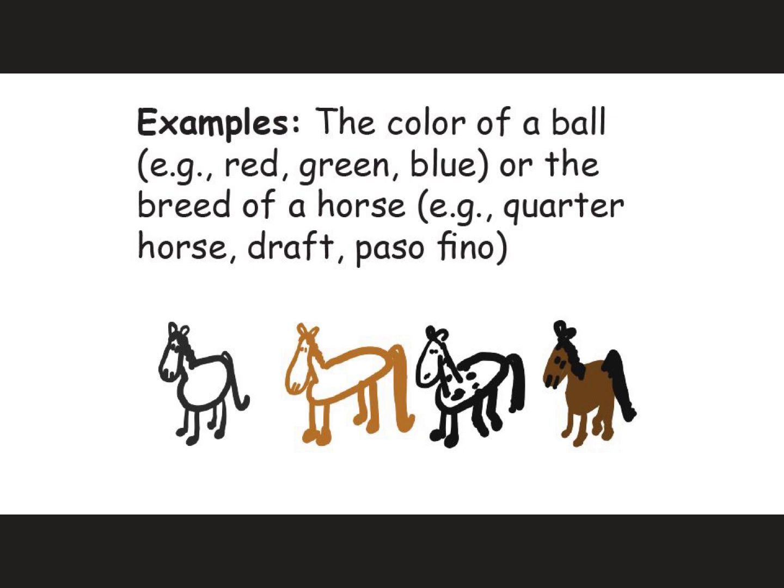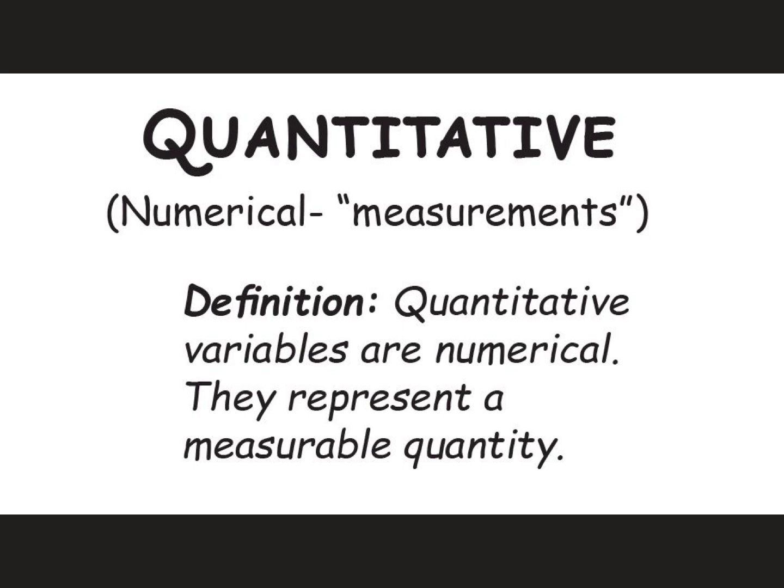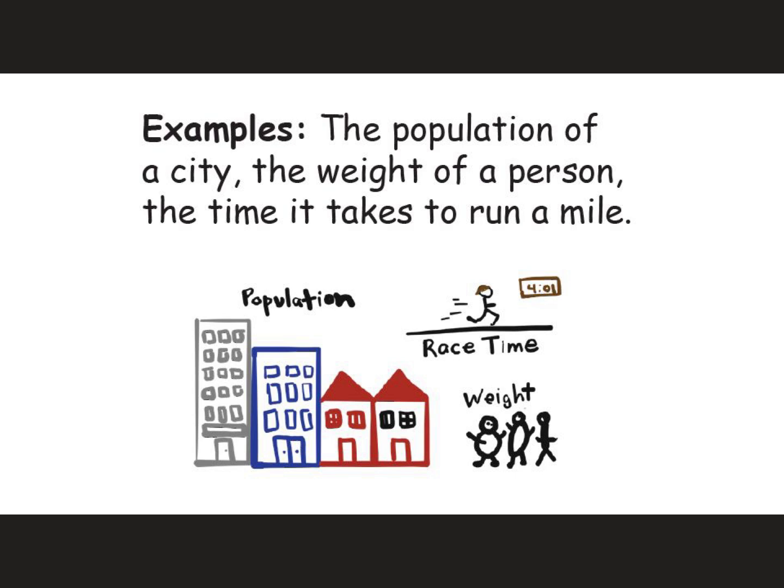These would all be qualitative data. Right? Quantitative is numerical measurements. Examples are the population of a city, the weight of a person, the time it takes to run a mile, perhaps the height of a horse, those types of things.